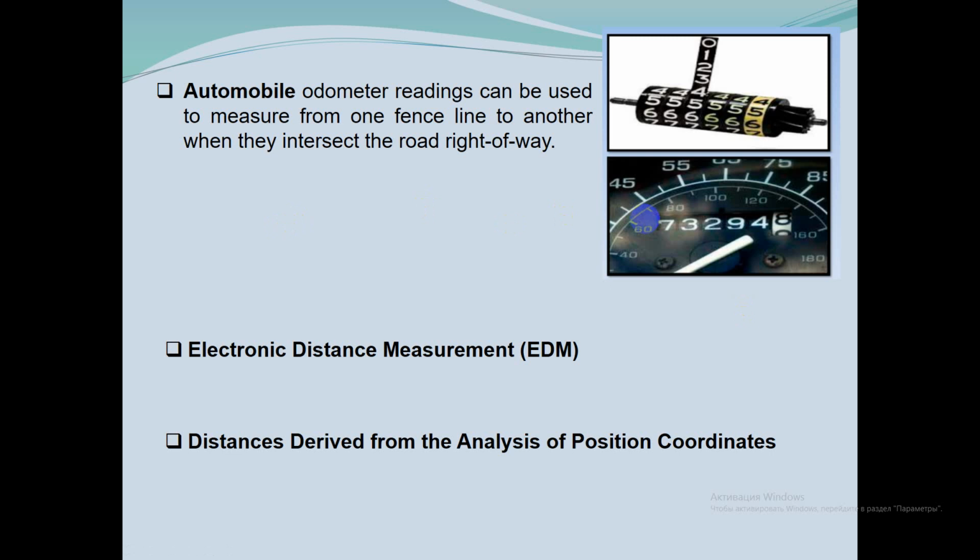These readings are precise enough to differentiate rural fence lines and can thus assist in identifying platted property lines. This information is useful when collecting information to begin a survey.